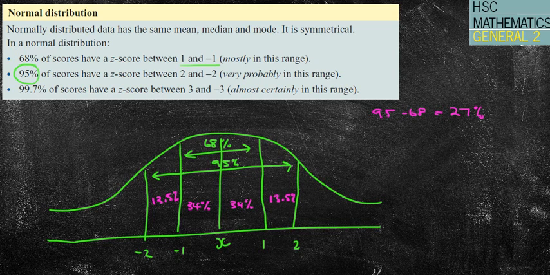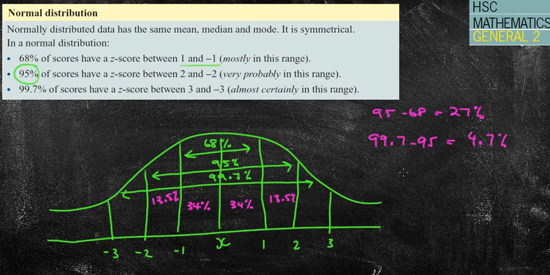Now, if I stretch it all the way out to 3 standard deviations, which is going to be pretty much all of our percentages, it says it's going to be 99.7%. Now, likewise, if I want to find out what those little pieces are between -2 and -3 and 2 and 3, I'm going to do 99.7 subtract 95. Okay, and that's going to leave us with 4.7%.